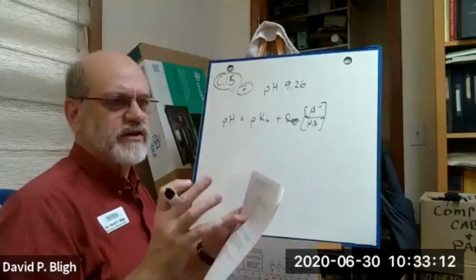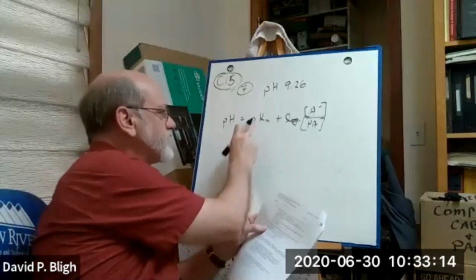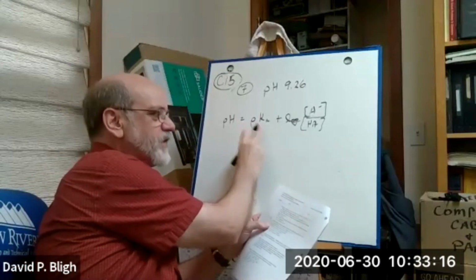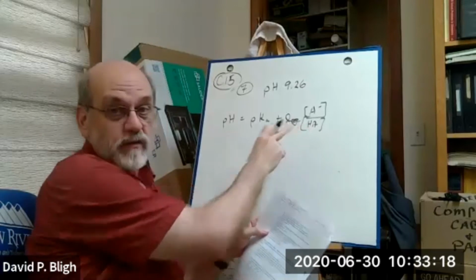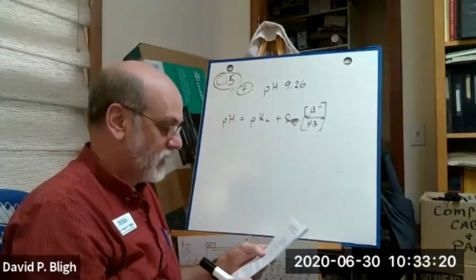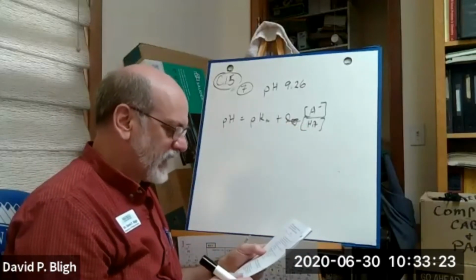So we have 2 conditions to meet. One is the pKa, and the other is the acid-base ratio. So we can eliminate some of these.